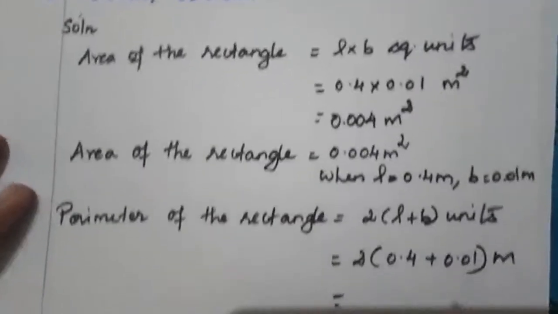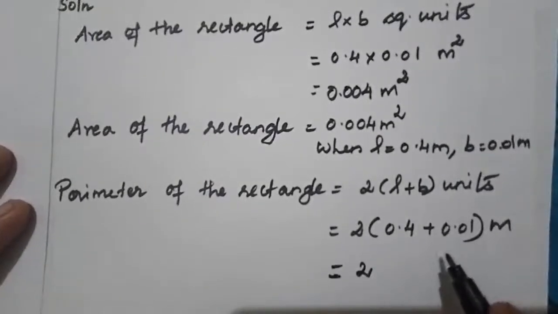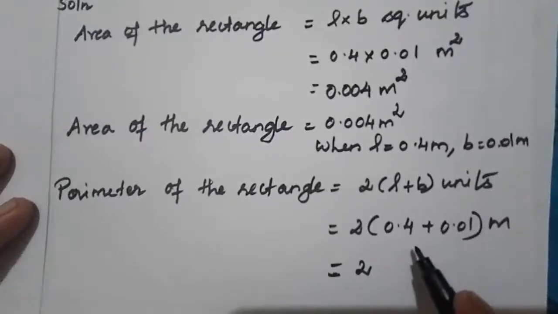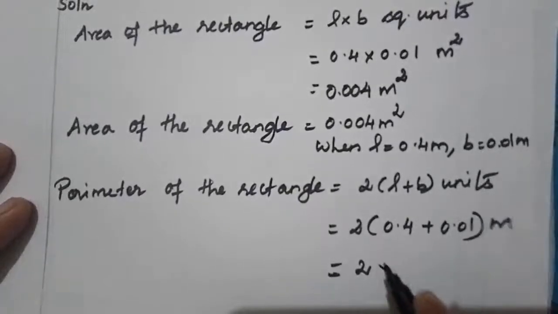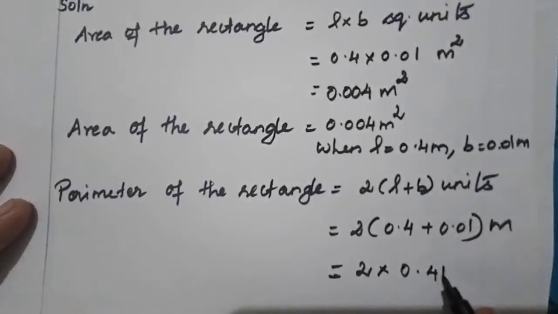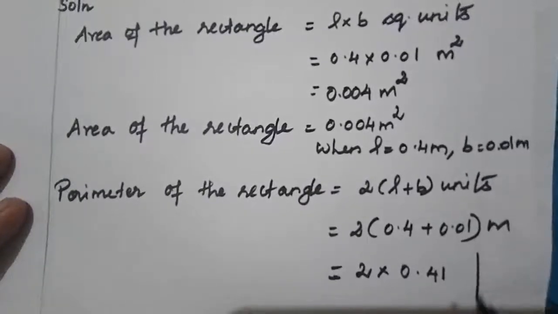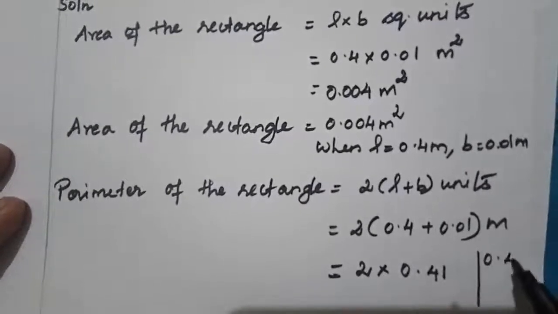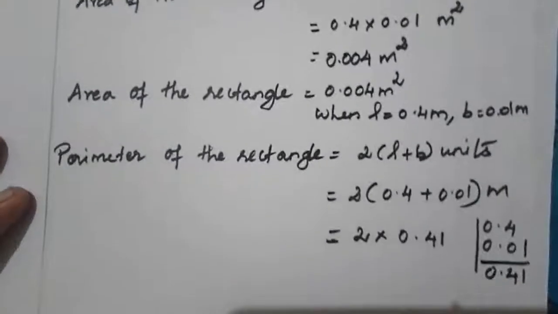So now you have to add these two numbers. So do it carefully. 0.4 plus 0.01, which is 0.41. Is it clear? Yes. Or otherwise, add in this way: 0.4, then 0.01. Is it clear? Yes.